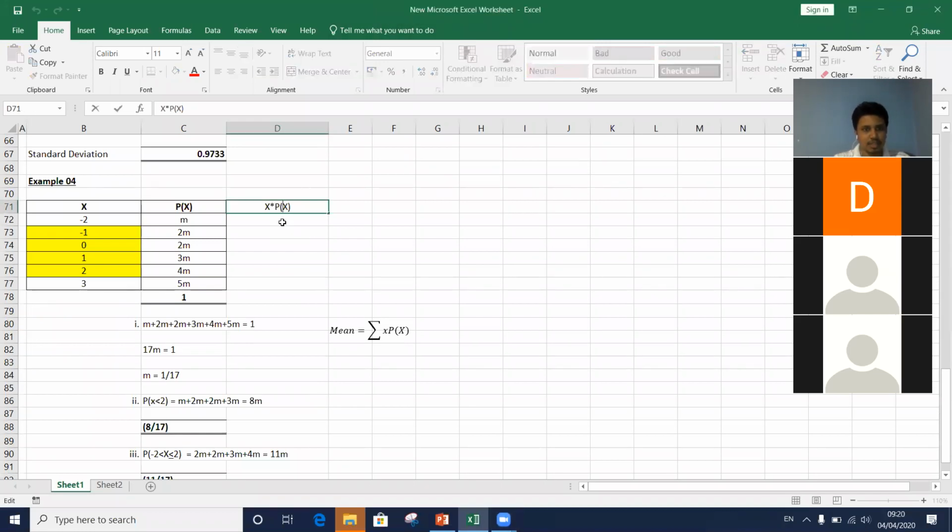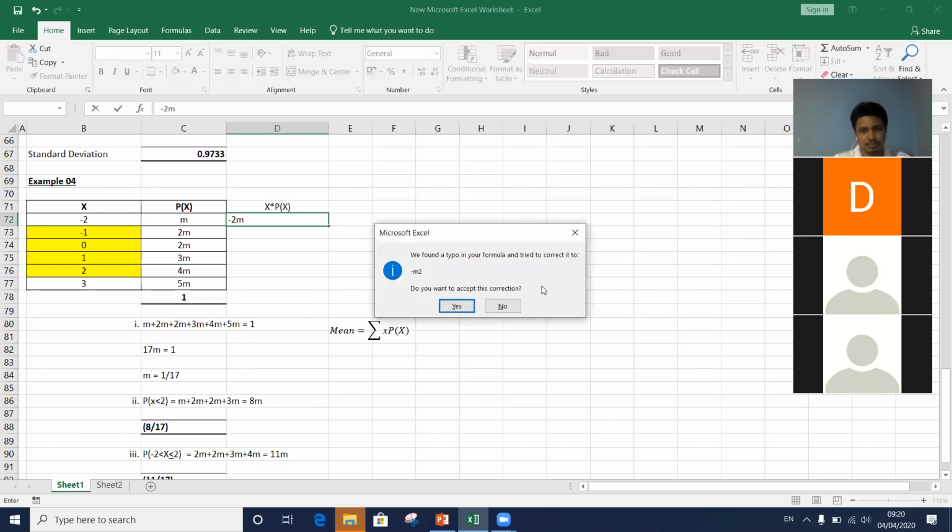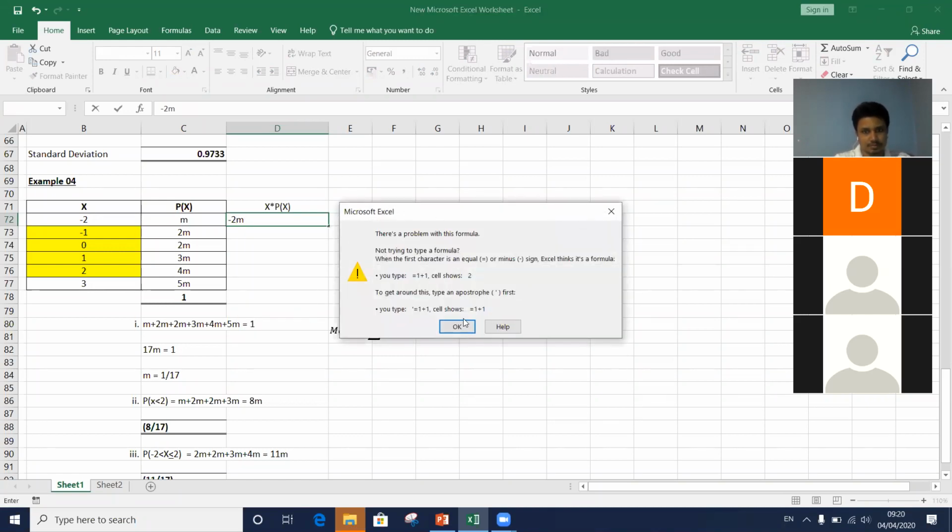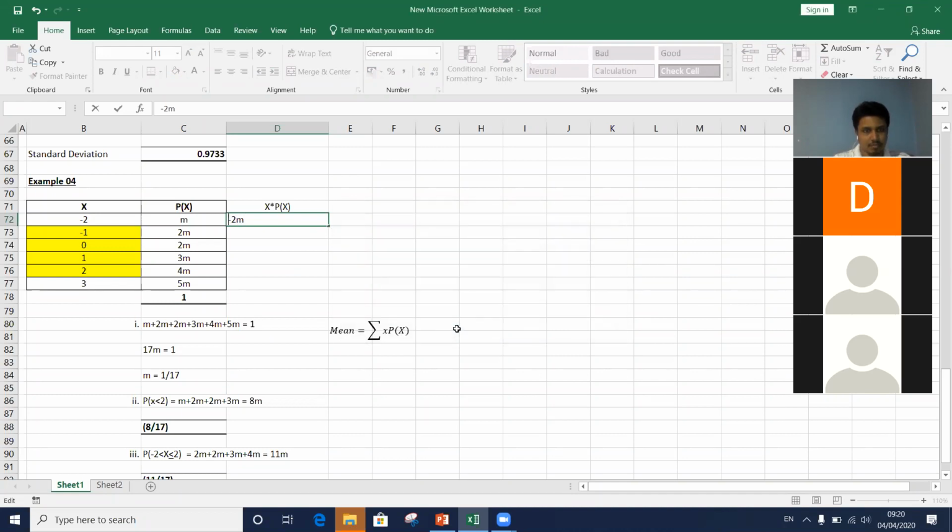The value of x is -2, which we multiply by the probability of x. So it means -2m.